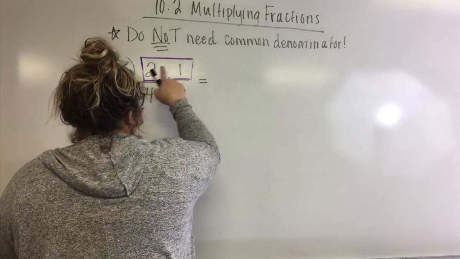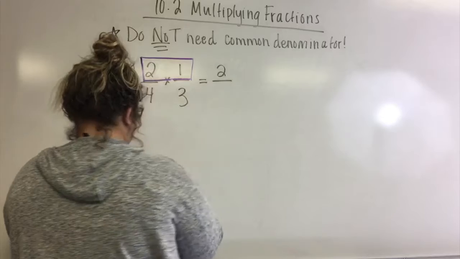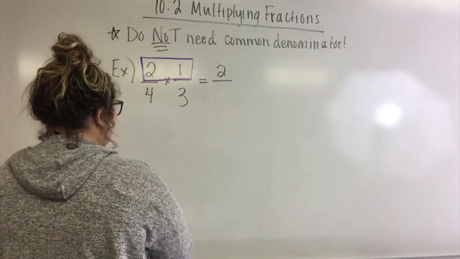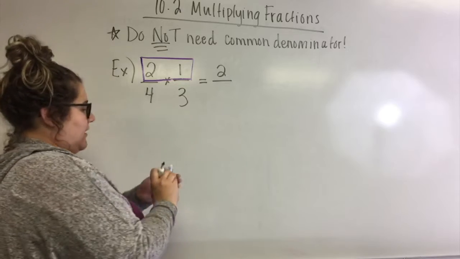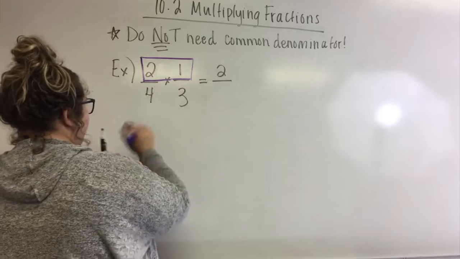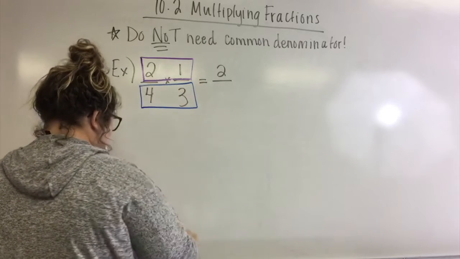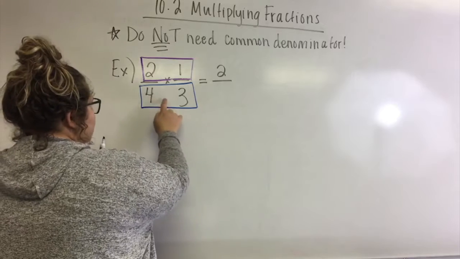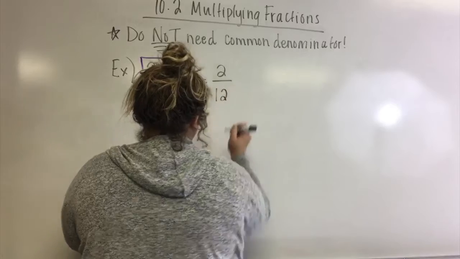So 2 times 1 is 2. Our next step is to multiply the denominators together. And remember, we're just multiplying straight across. That's all we're doing. And we know that 4 times 3 is 12.